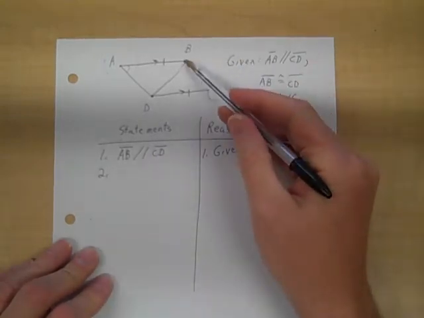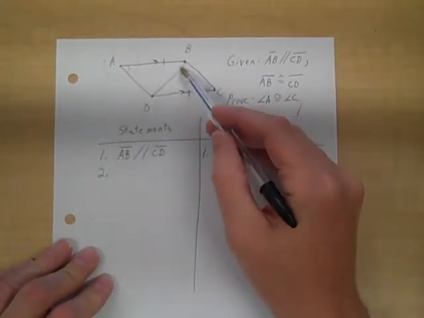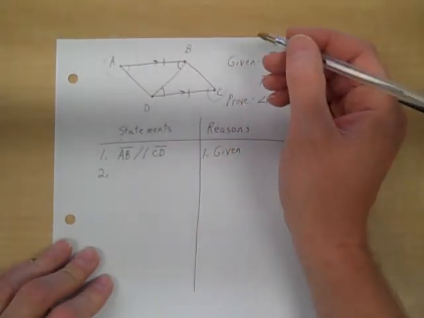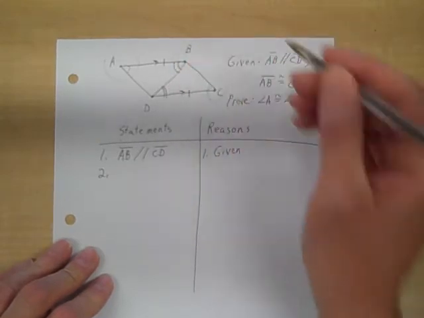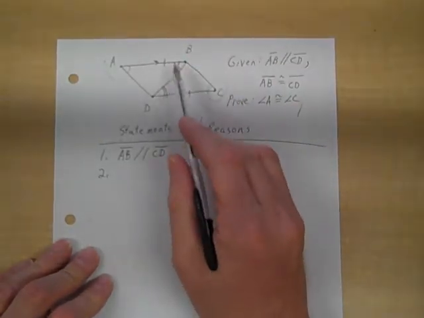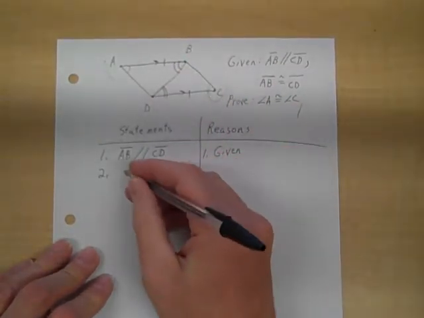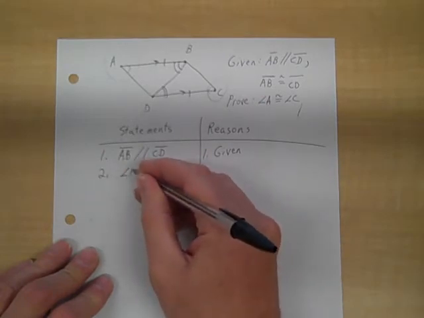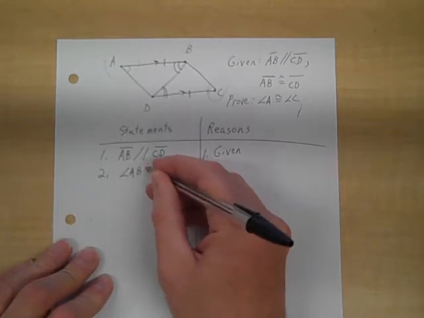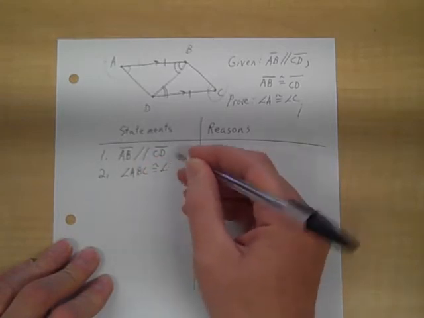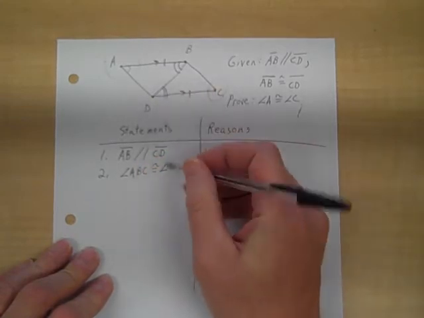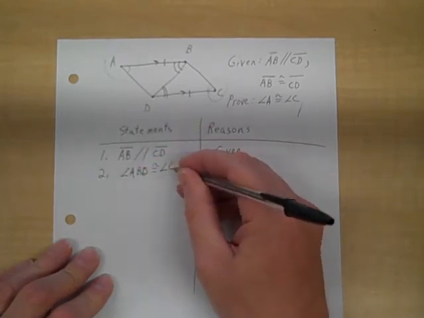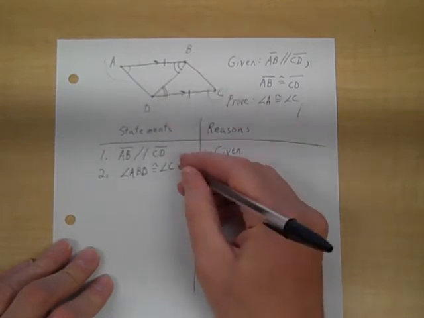Well, what I see here is parallel sides. I see a transversal, which means this angle and this angle are congruent. Let me put two loops in this. Those two angles are congruent, which is angle ABD and angle CDB.